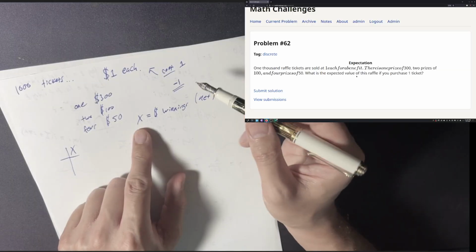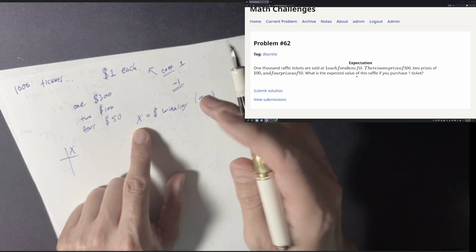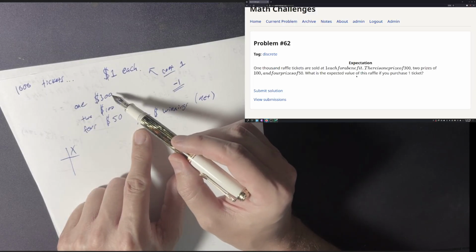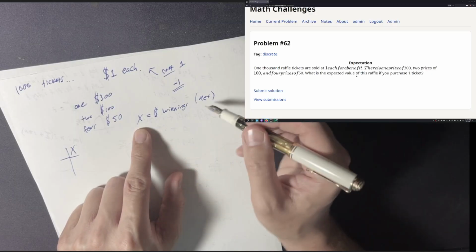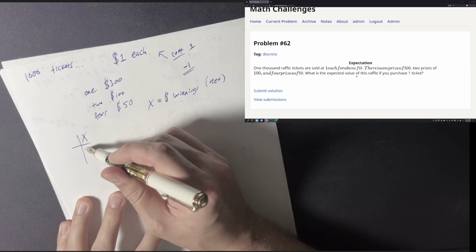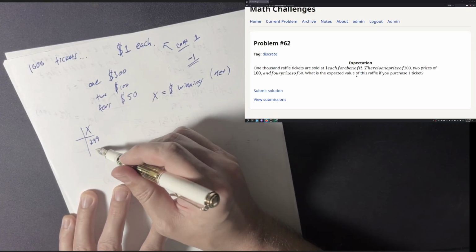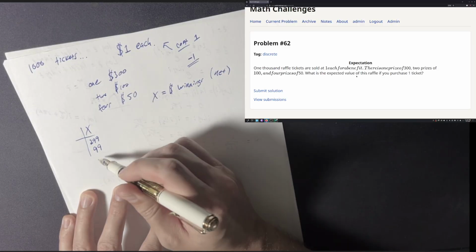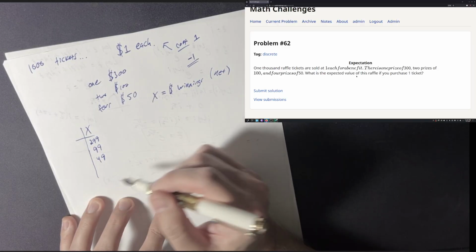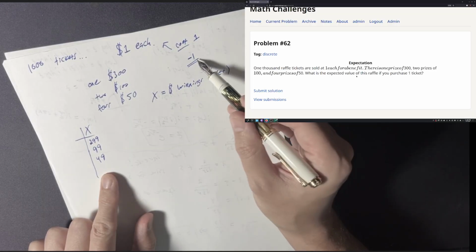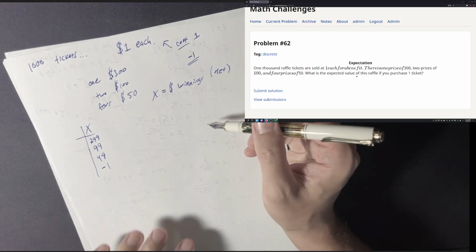Okay, so if x is some random number, one person out of 1,000 is going to get not quite 300, but 300 minus 1. So you could get 299, you could get 99, or you get 49. Or if you're like the vast majority of people, your winnings are just nothing. You lost $1.